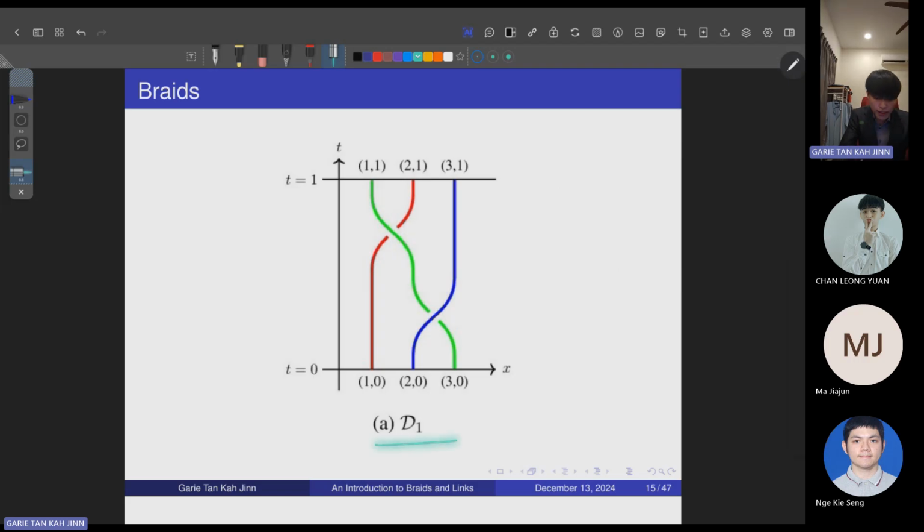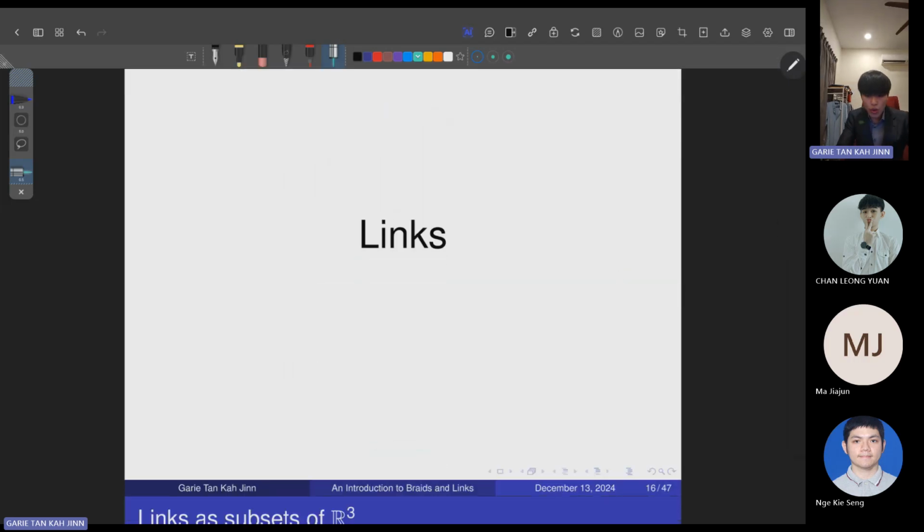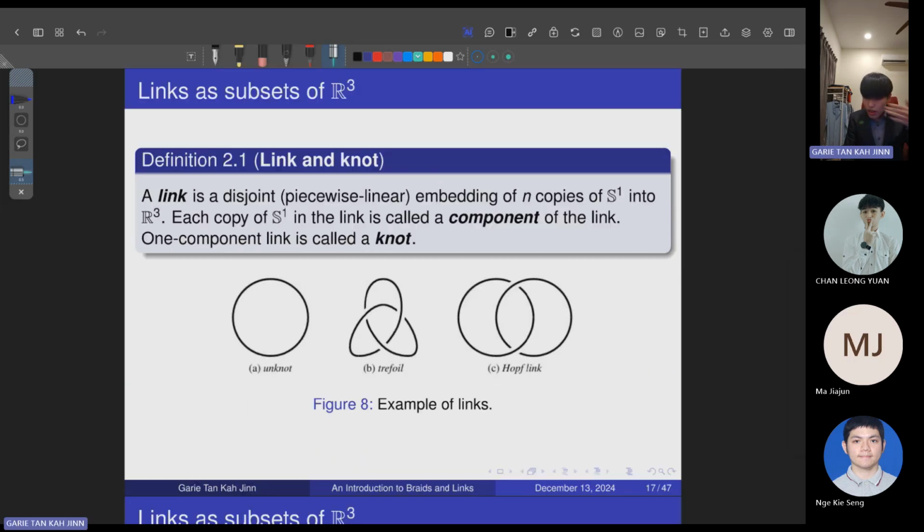Then now we want to go into links. A link is just a disjoint embedding of n copies of S1 into R3. We just look at the diagrams. For example, this one is one copy of a circle, this one is one copy of a circle, but this one is two copies of a circle.